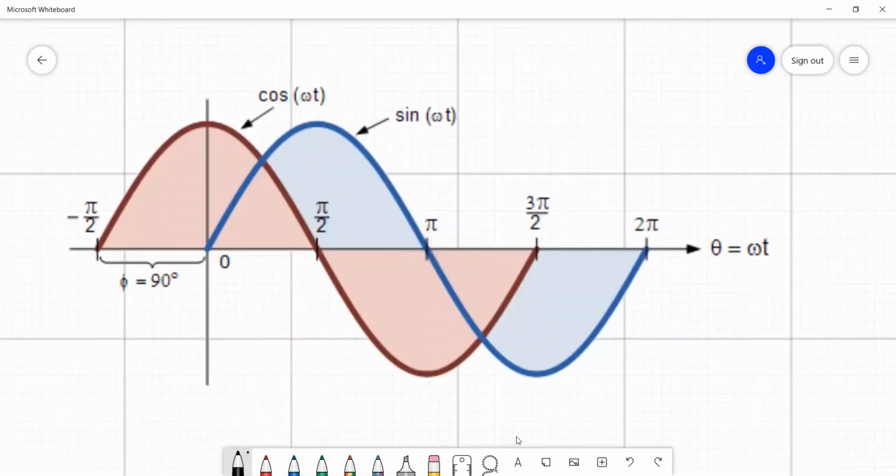So next, let's have a look at sine and cosine. Here, the blue one is the sine wave, and notice that the sine wave is starting at 0, and it's going up, up, up, and then it's hitting a peak, which is the amplitude.